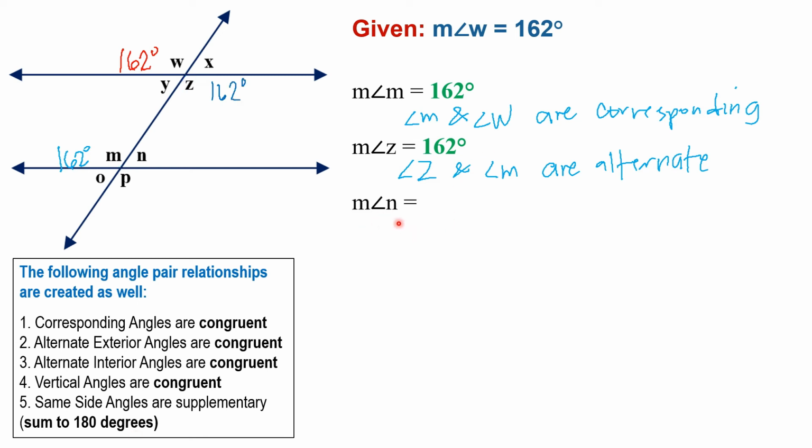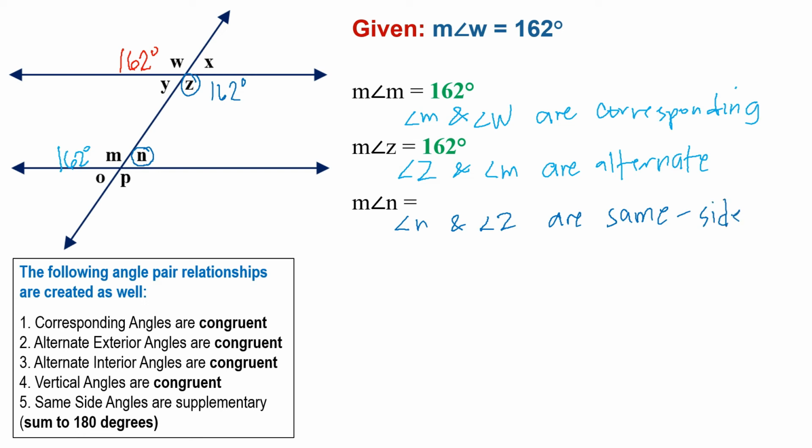Next, let's look for the measurement of angle N. Where is angle N? Over here. So we may pair it with any of these three angles. We may pair it with W or Z or M. For example, we will use the measurement of angle Z to find the measurement of angle N. Observe, Z and N. What is their relationship? Angle N and angle Z actually are same side interior.